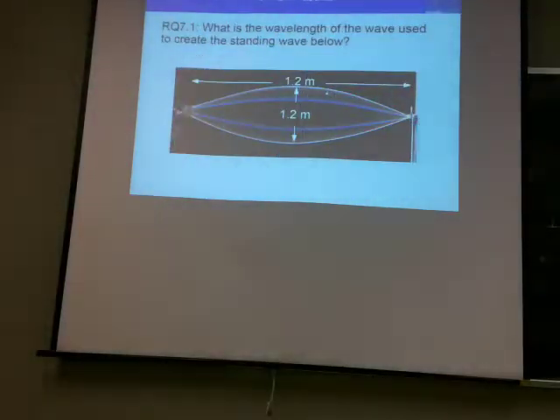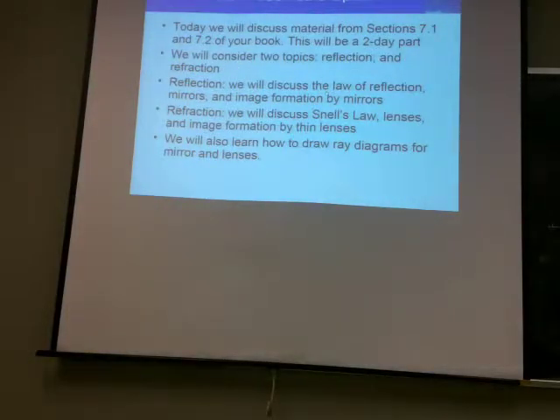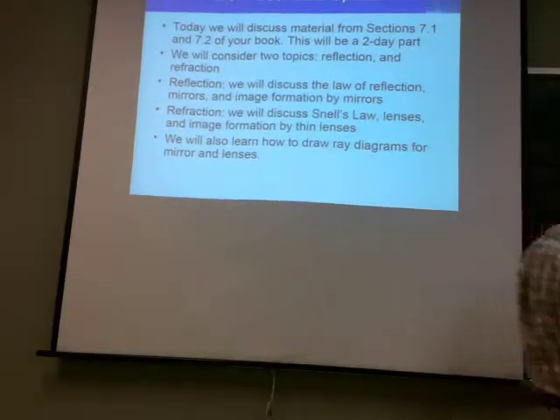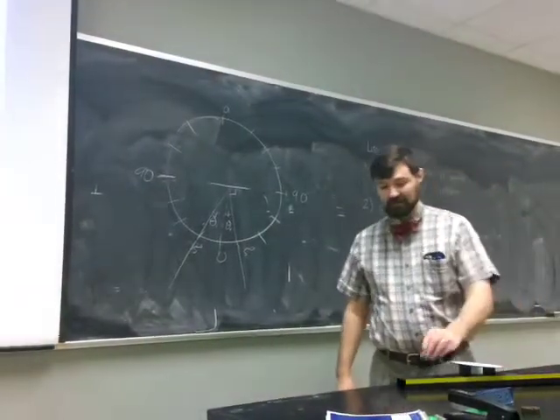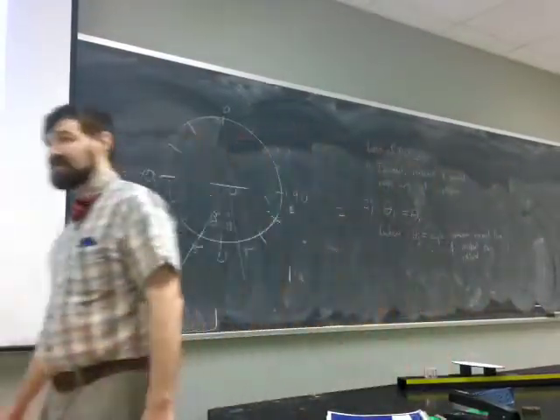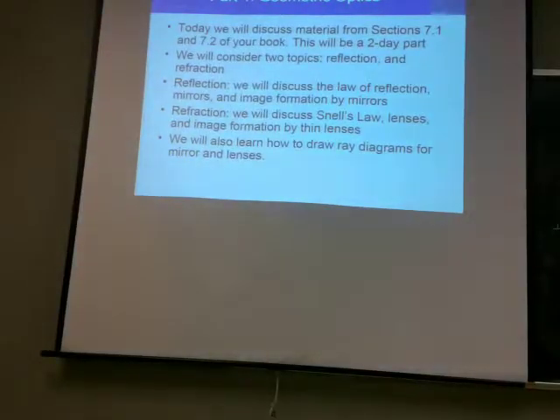So what we are doing in the book at this point corresponds to chapter 7, parts 1 and 2. So if you're reading along in the book, we're doing sections 7.1 and 7.2. And the focus of these two, no pun intended, is reflection and refraction.